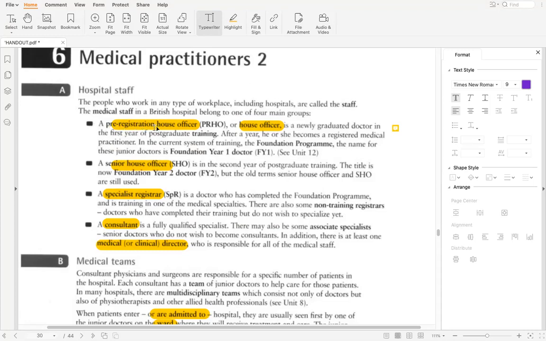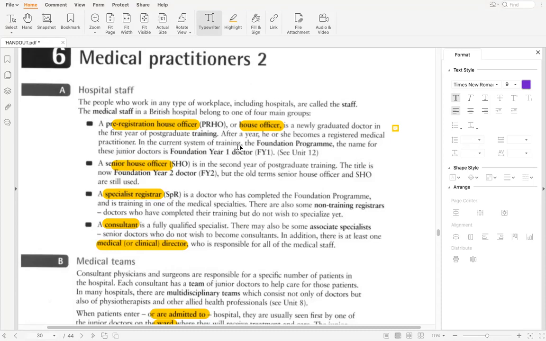A pre-registration house officer, abbreviated as PRHO or house officer, is a newly graduated doctor in the first year of postgraduate training. After a year, he or she becomes a registered medical practitioner.